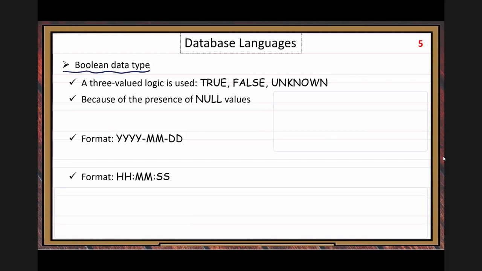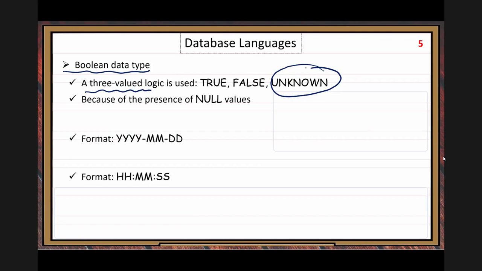But in SQL, the Boolean data type is a 3-valued logic, not a 2-valued logic like we use in our programming languages. In programming languages, we only use true and false, only 2 values. But in SQL, other than true and false, there is an unknown Boolean value. Why unknown? Because the null value is involved.